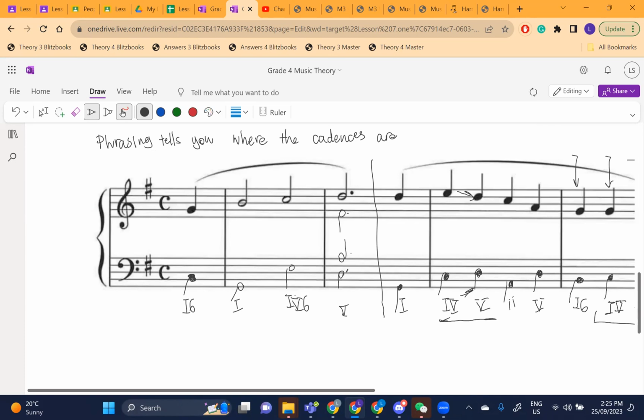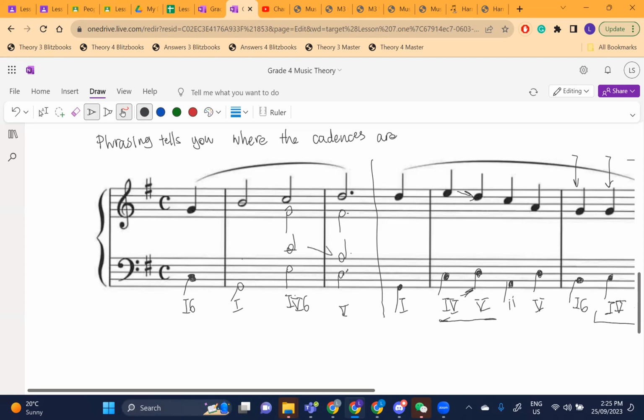So always be careful with consecutive fifths and octaves. G, that doesn't work. We're gonna use E there, C there.